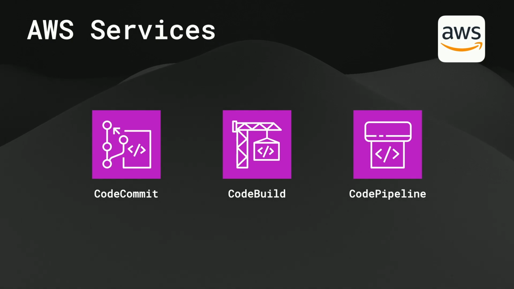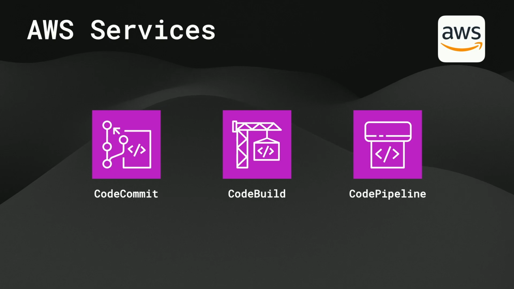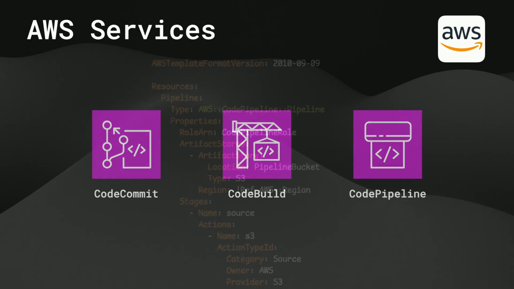With CodePipeline, you're going to see similarities to what we just saw with GitHub Actions. There are stages within CodePipeline, and then there are actions within CodePipeline, which can be in parallel or in sequence. When that stage completes, it moves on to the next stage, and so on. It's also responsible for taking artifacts that are outputs from each of those actions and passing them along to the next ones for you.